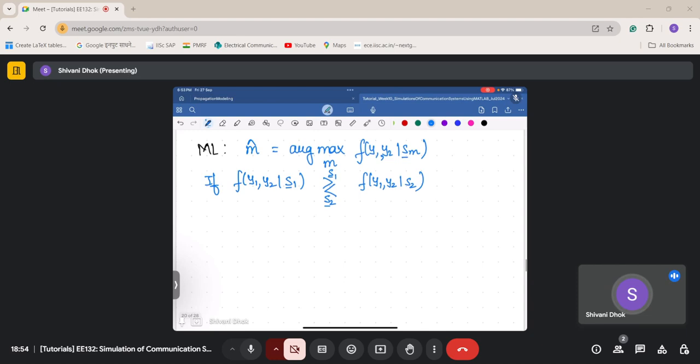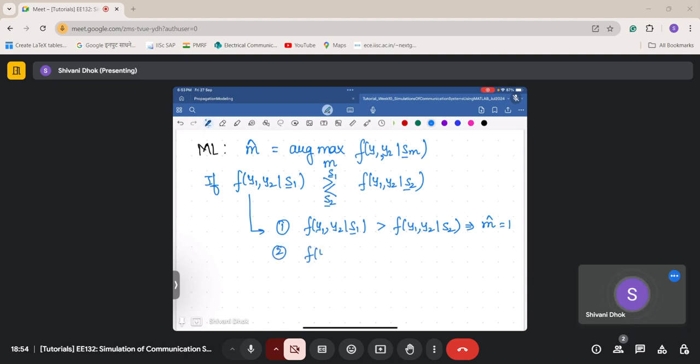So what does it say? It says two points. One, if f of y1 comma y2 given s1 is greater than f of y1 comma y2 given s2, then your m hat is equal to 1.